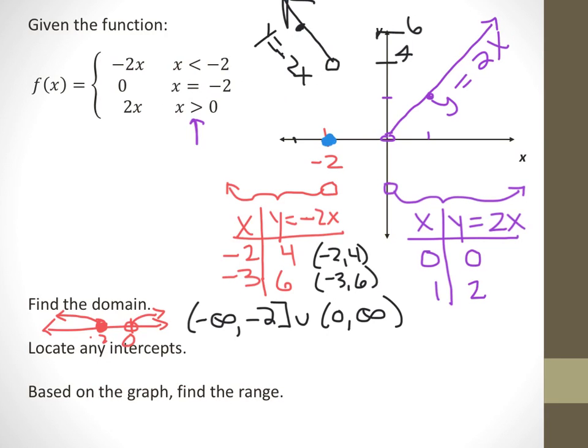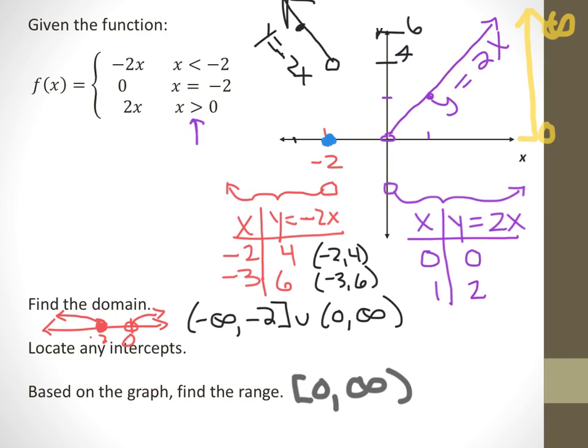Everyone from 0 and up in this direction. So 0 is included, and then everyone up to positive infinity. So let's go ahead and write that. That's going to be from 0, including 0, all the way up to positive infinity. So the reason why we include the 0: here you see an open circle, and there is no point here with y is 0, but this guy has y as 0, so we're going to include that.